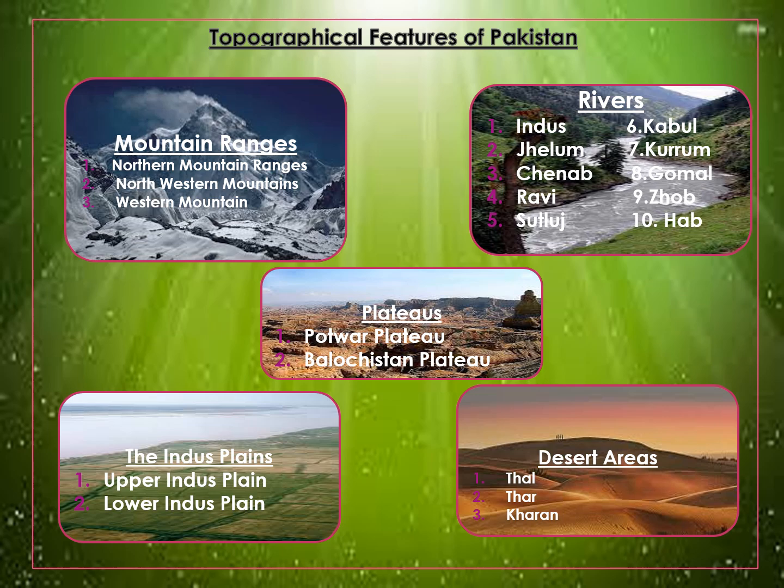We have main rivers like Indus, Jhelum, Chenab, Ravi, Satluj, Kabul, Kurram, Gomal, Zhob and Hab, which irrigate most of the land of Pakistan. Then we have plateaus like the Potwar Plateau and Balochistan Plateau. We have Indus plains like the Upper Indus Plain and Lower Indus Plain. We have magnificent desert areas like Thal in Punjab, Thar and Kharan desert as well.